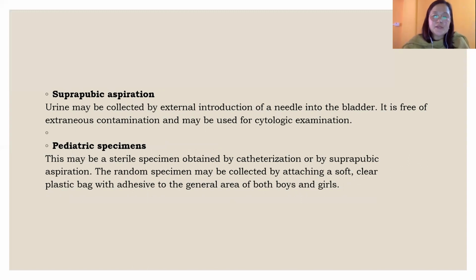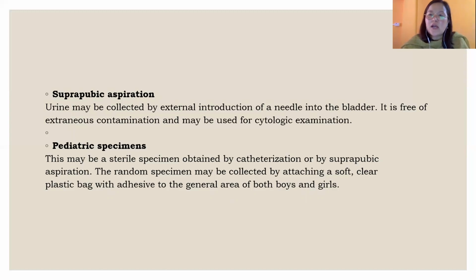Suprapubic aspiration is when urine is collected by an external instrument like a needle. Since it's an invasive procedure, a needle is inserted into the bladder. It is mainly used for cytological examination, but since it's invasive, it may cause difficulty to the patient.